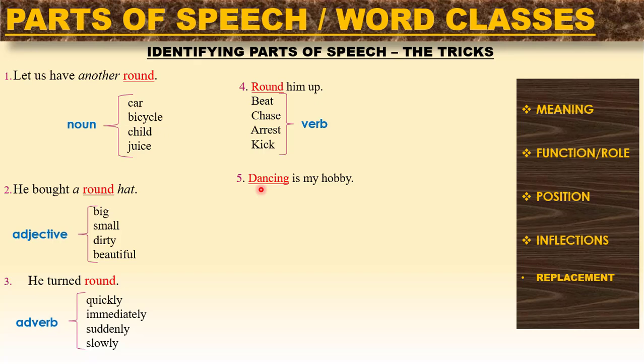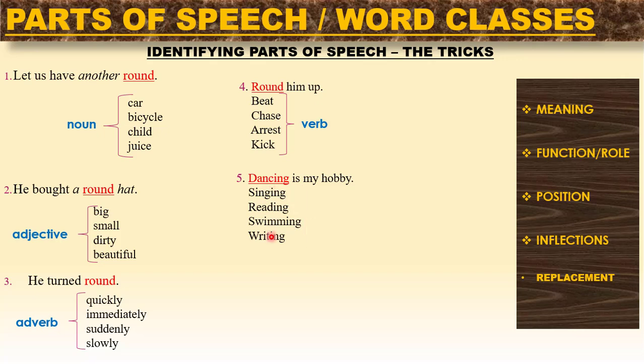Let us try to replace dancing with other words. You will see that they will all name hobby. We will say, singing is my hobby. Reading is my hobby. Swimming is my hobby. Writing is my hobby. What is my hobby? All these are my hobbies. Therefore, these are naming activities.